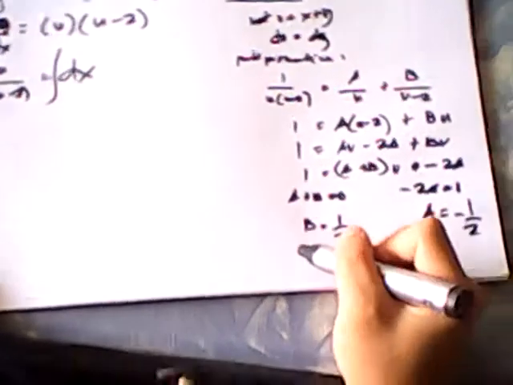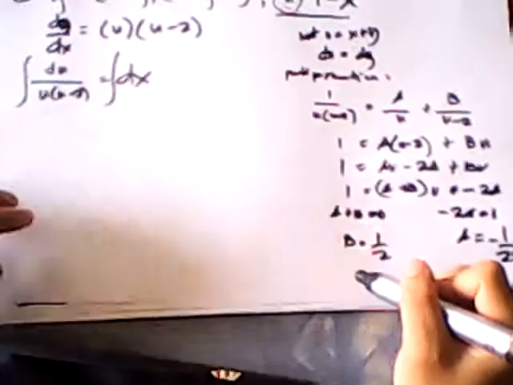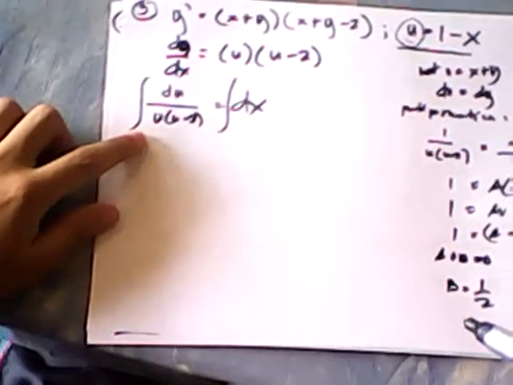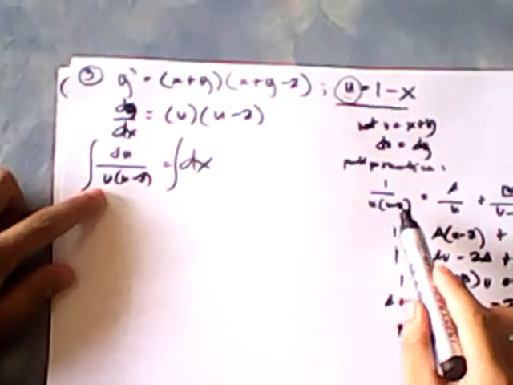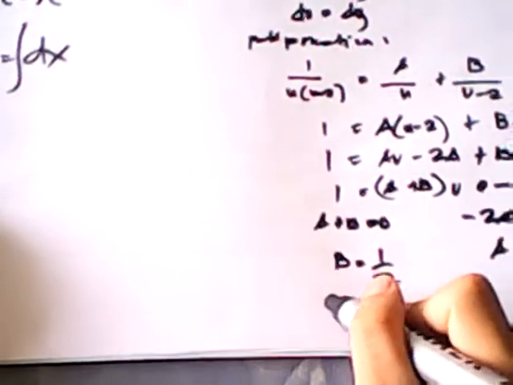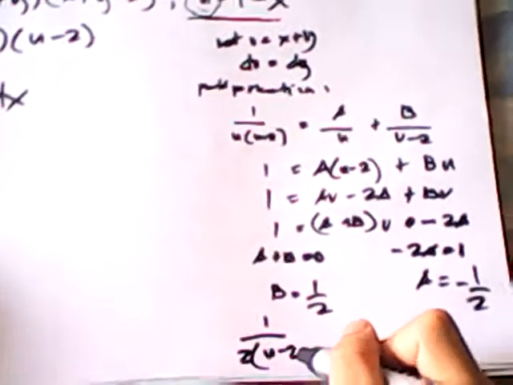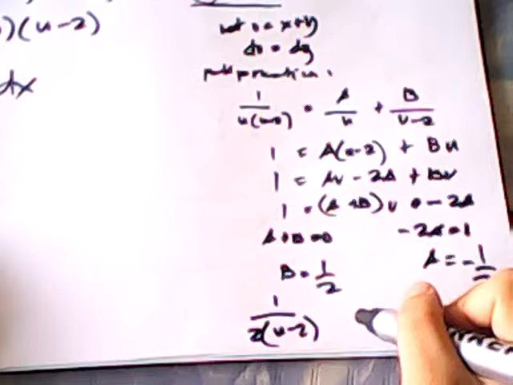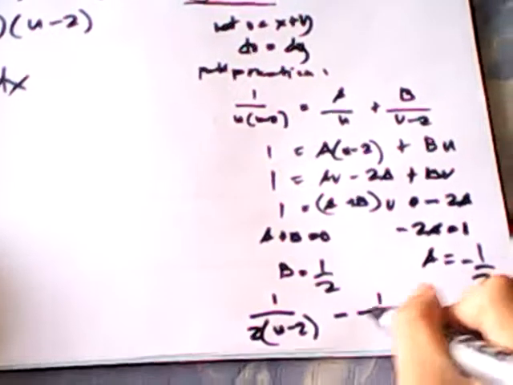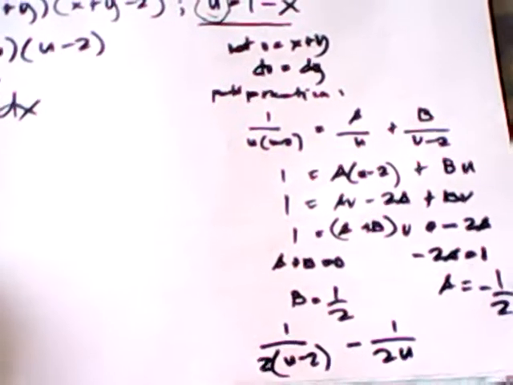So the question now is you can substitute the 1 over u times u minus 2 by 1 over 2 times u minus 2, minus 1 over 2u.